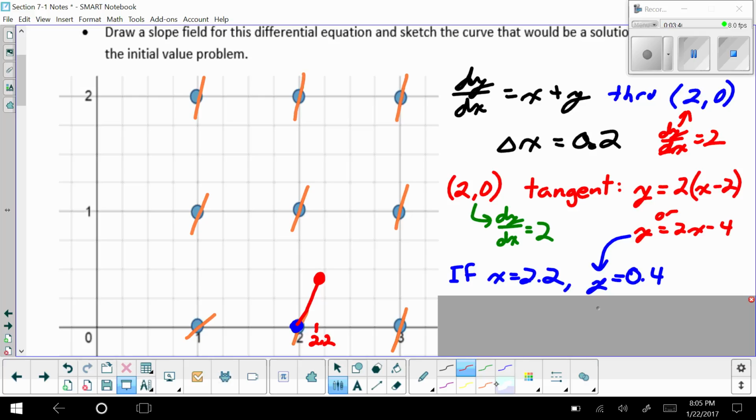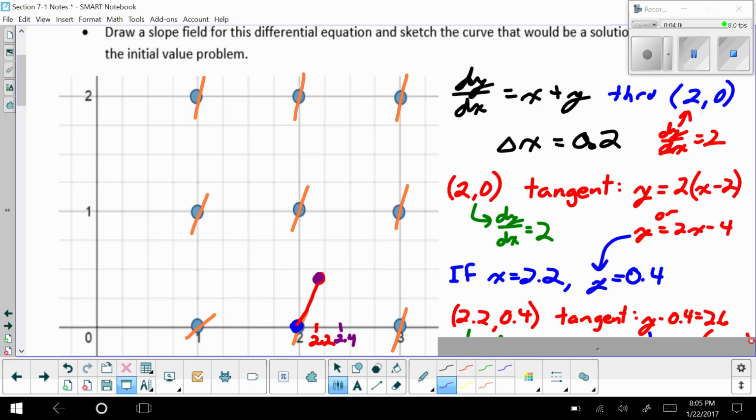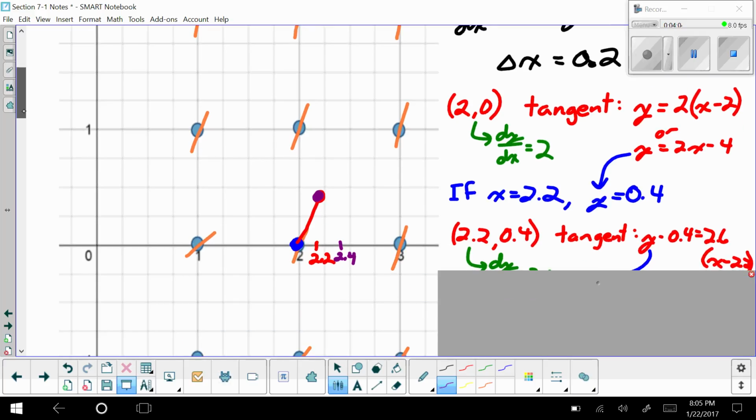So I then say, well, what if I go 0.2 further on to 2.4? Well, I need to know the tangent line at 2.2. So at 2.2, the slope is going to be 2.6, which would look about like this.